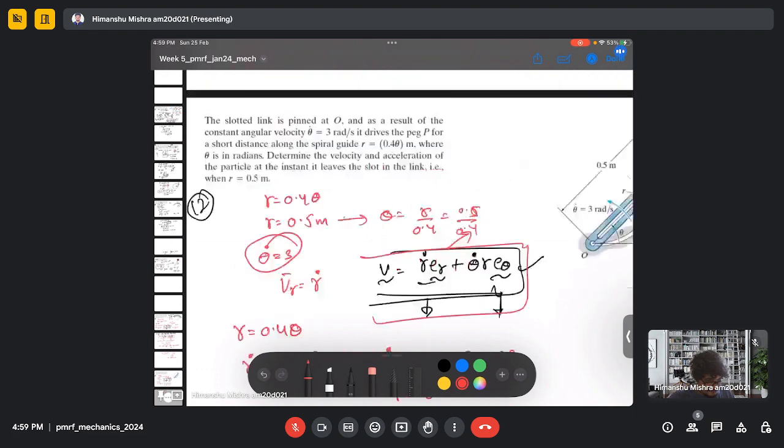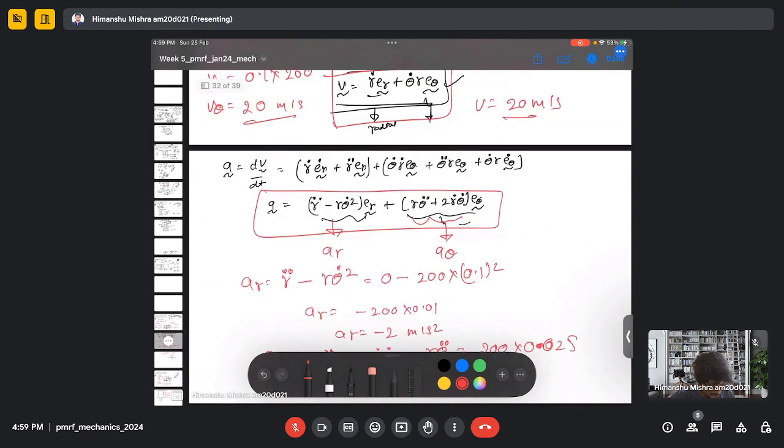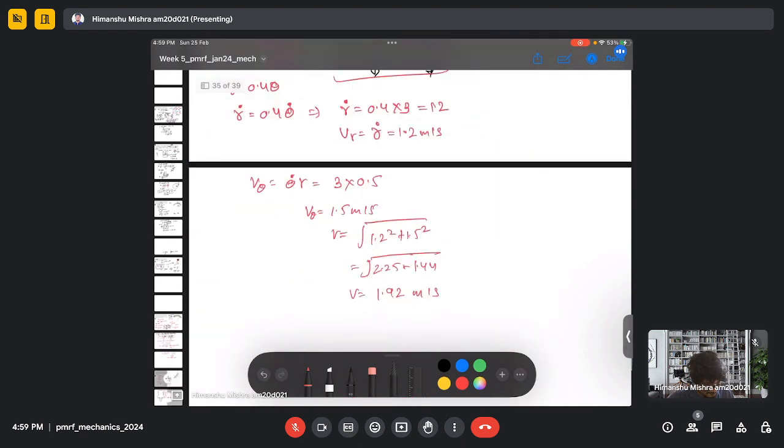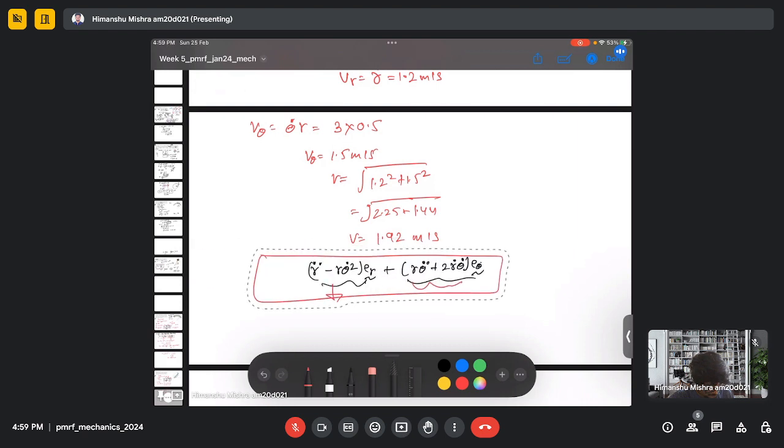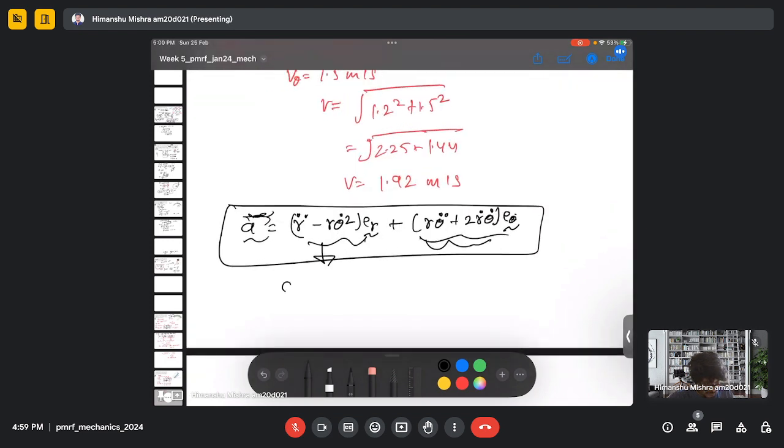And in the same manner, we can actually find the component of acceleration. So my ar will be r double dot minus r theta dot square.